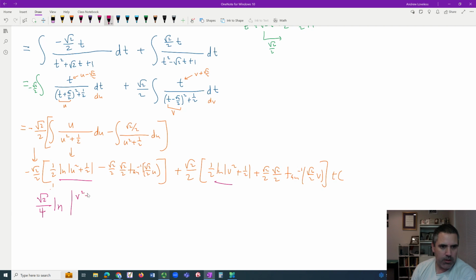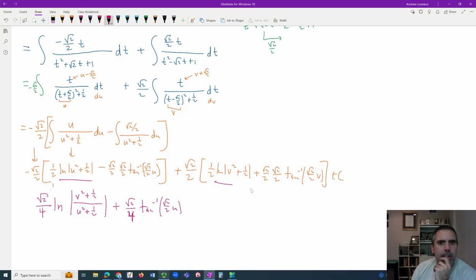V squared plus 1/2 over u squared plus 1/2. Putting it over because I have this minus. And then I would have plus the square root of 2 over 2. This is 2 over 4, so it's 1/2. So there's going to be a 4 here. Arctangent, square root of 2 over 2u.